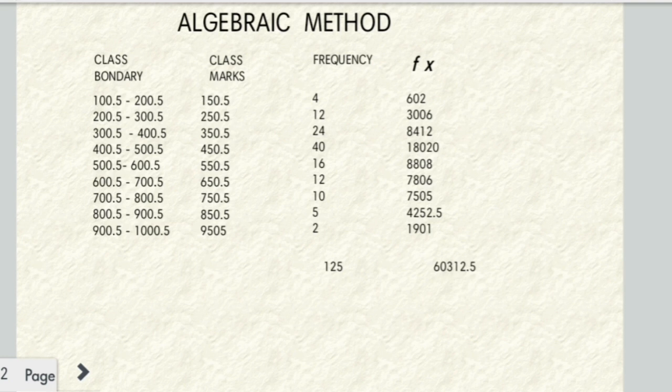This is the table of the algebraic method for mean. Here we take a group data series. What is group data?